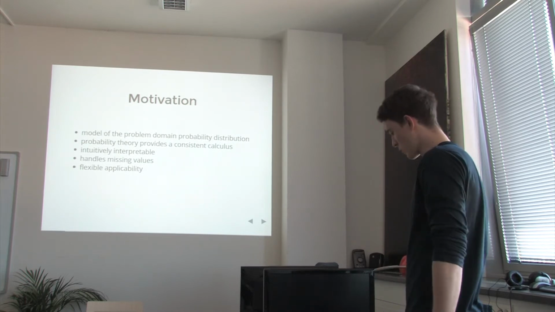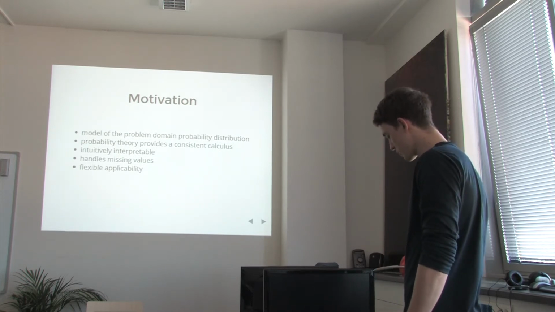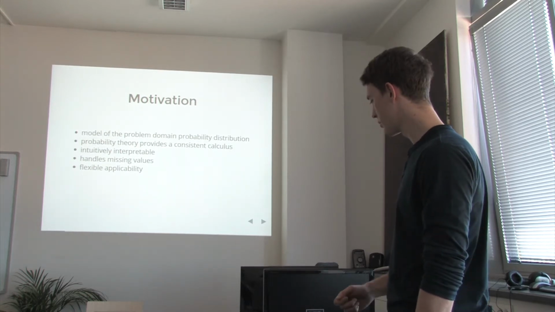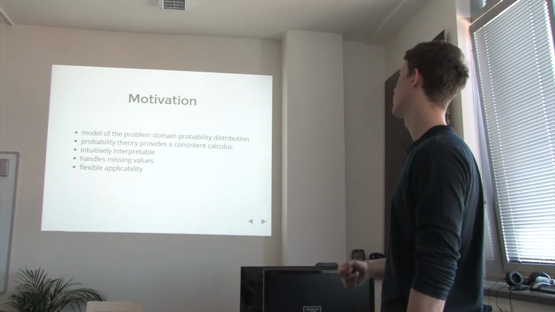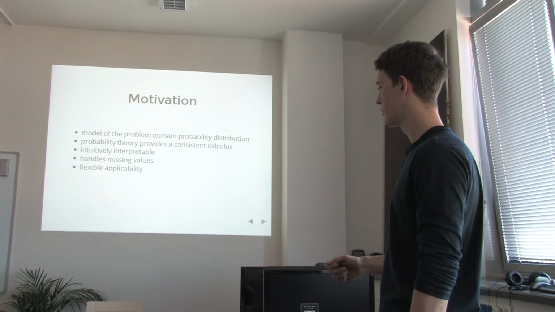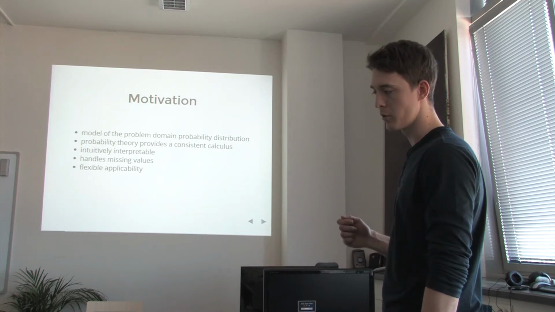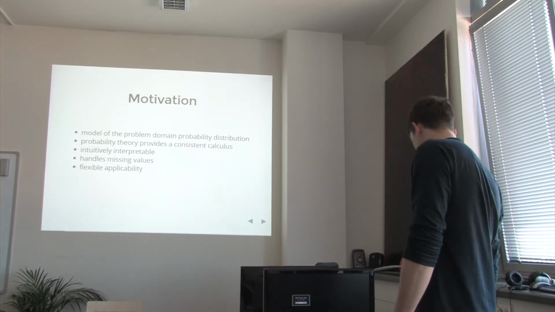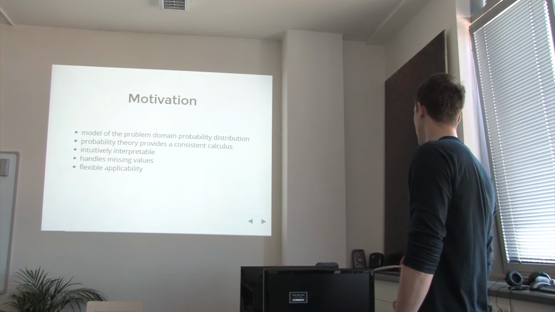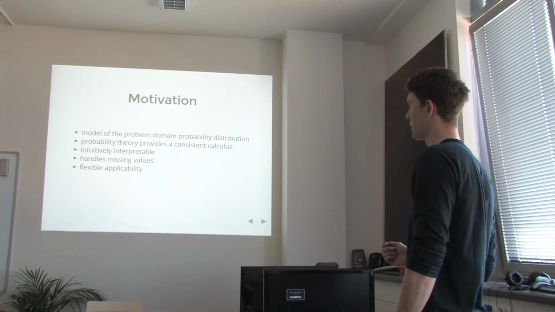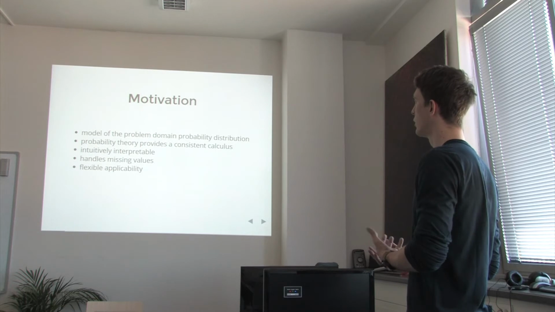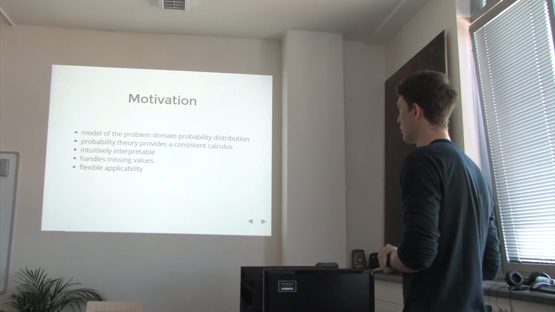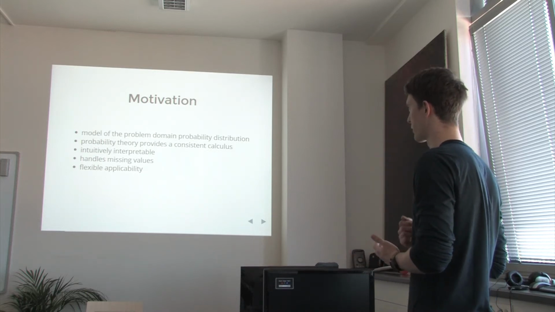I want to give you some inspiration why Bayesian networks are interesting. Well, the first thing is that they are able to model the whole environment or the whole problem domain if the problem domain has a constant number of variables and their relationships do not change over time. And if your domain accepts these rules, then you can model your whole environment using Bayesian networks. They're also based on a solid mathematical background.